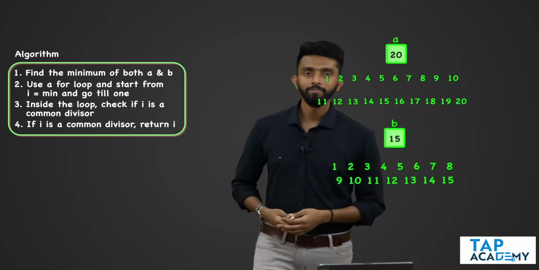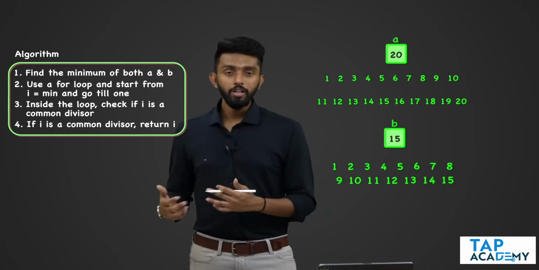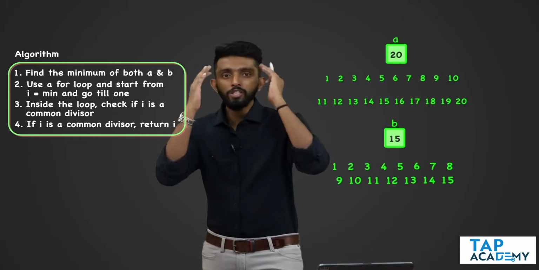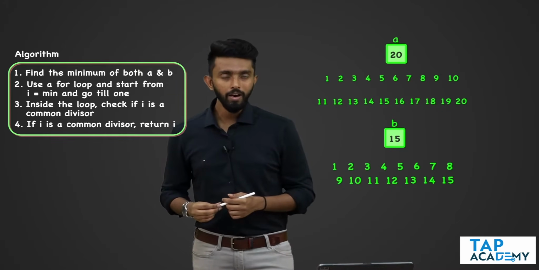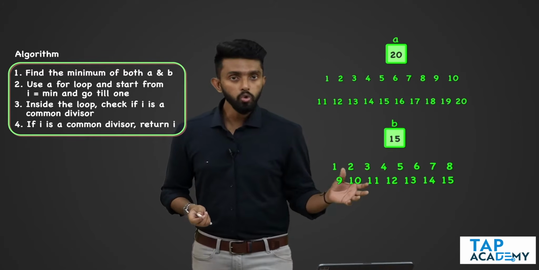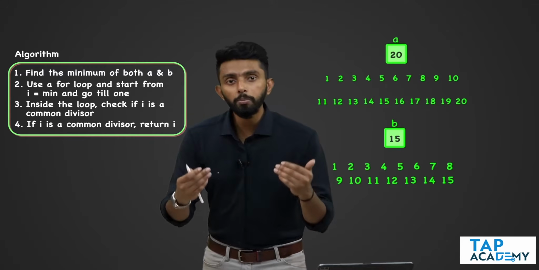That's it. Simple algorithm. Naturally, we are not using any optimizations here. This is the first approach which came to our mind, right? The first approach that comes to your mind may give you the solution, but may not give it in the most efficient, most optimized way.